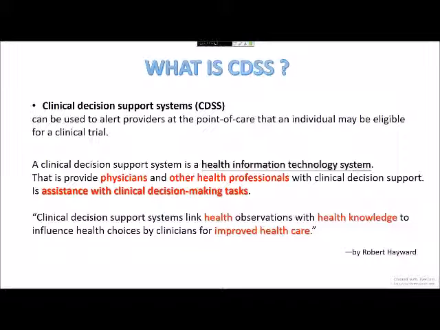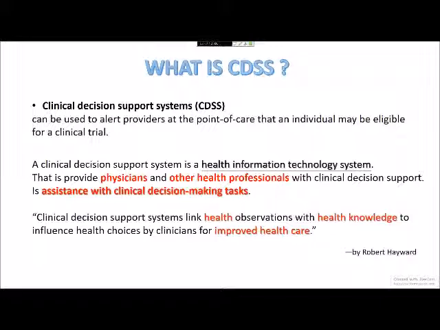A clinical decision support system is a health information technology system that provides physicians and other health professionals with clinical decision support, that is, assistance with clinical decision-making tasks.